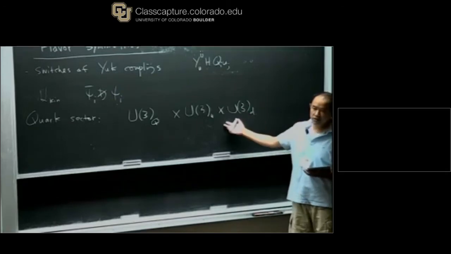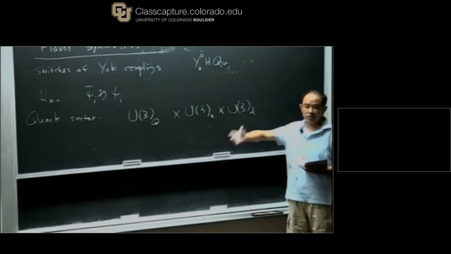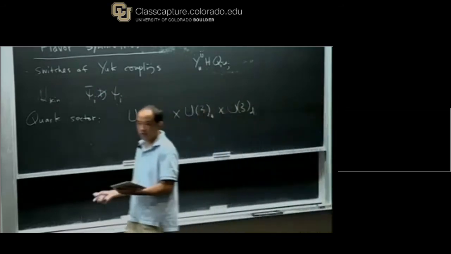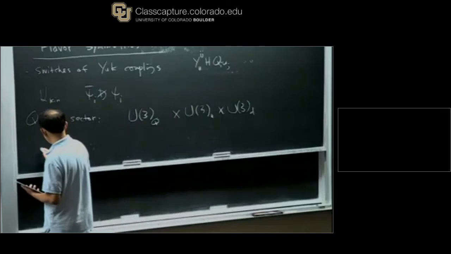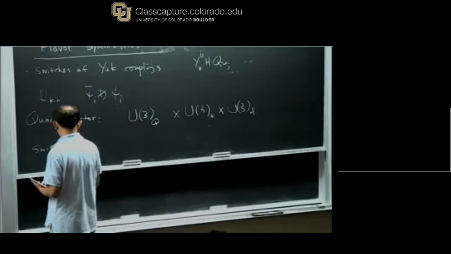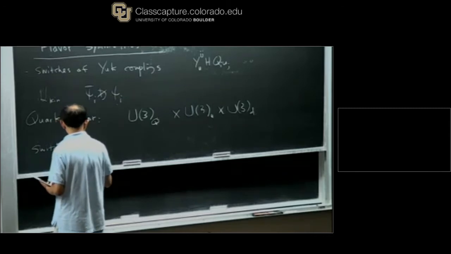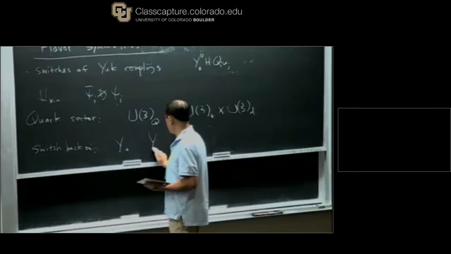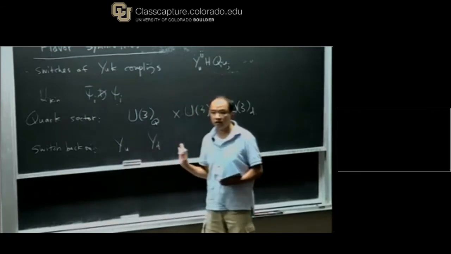So these are the symmetries without Yukawa coupling. Now let's switch back on Yukawa couplings. Now you turn on the spurions. The quark Yukawa couplings, there's YU and then there's YD, up and down Yukawa couplings.